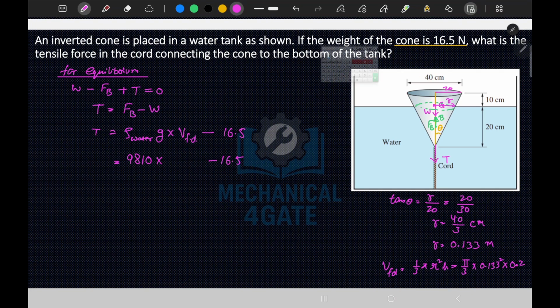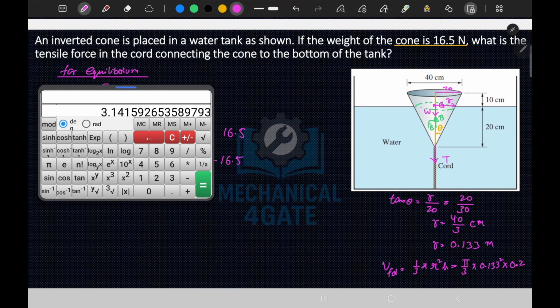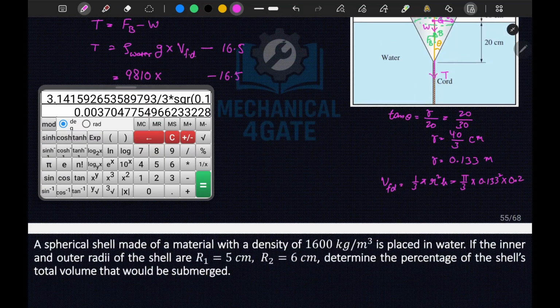If I solve this, I obtain volume equal to 0.0037 meter cube.